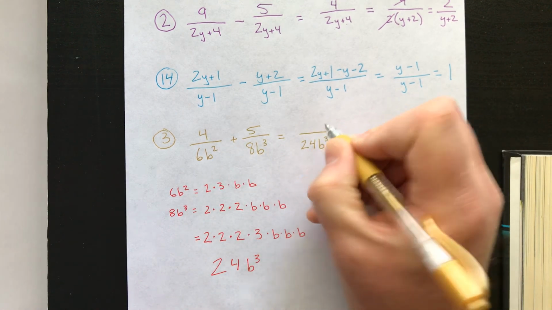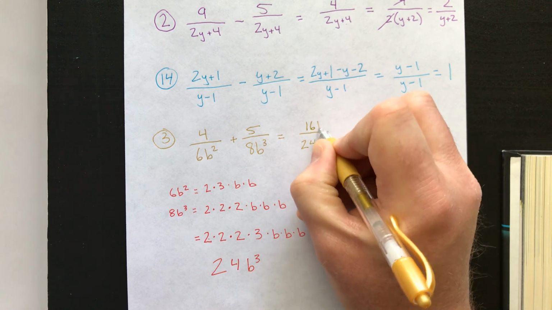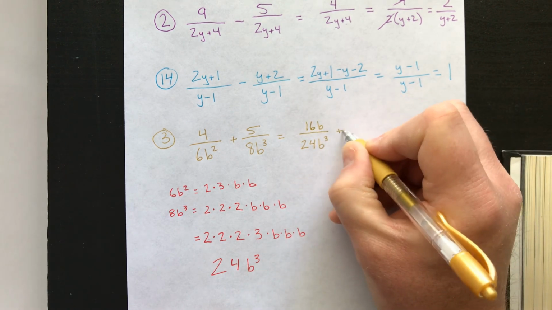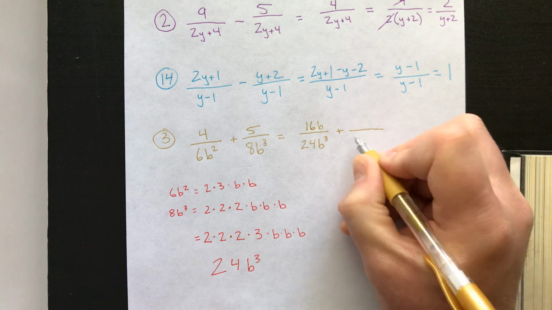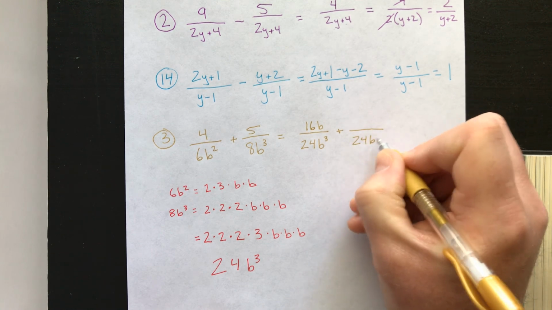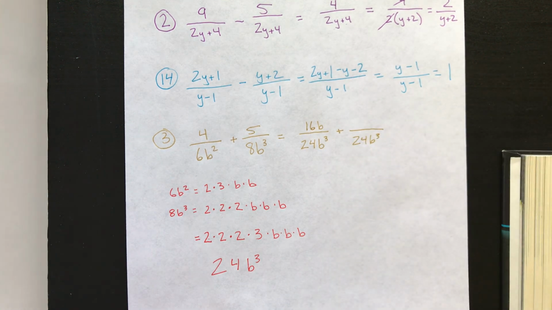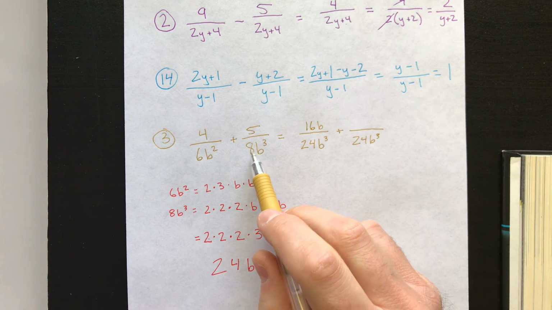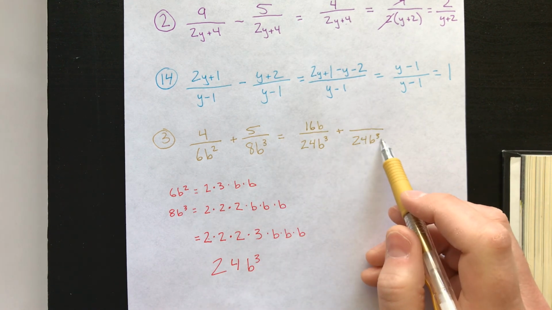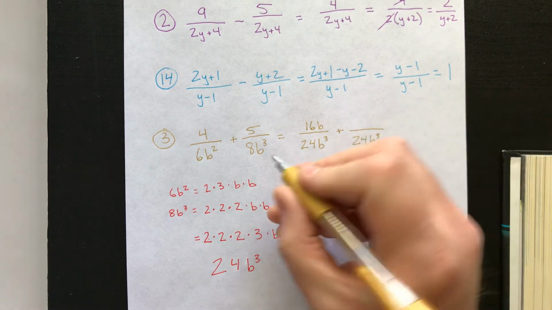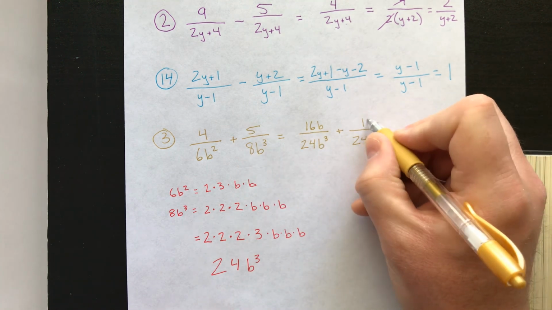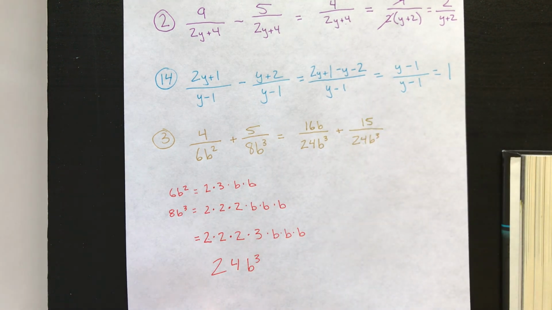So in the numerator, I now have 16b. And this denominator is also going to be 24b cubed. So how do I get from 8b cubed to 24b cubed? Well, I multiplied by 3. So 3 times 5 is 15.